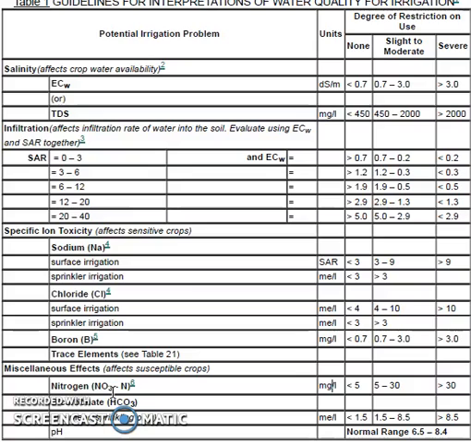The next miscellaneous effect is bicarbonate, and its concentration should not be more than 0.5, especially if you are going to use sprinkler irrigation.